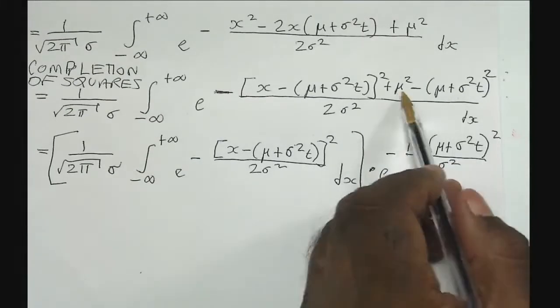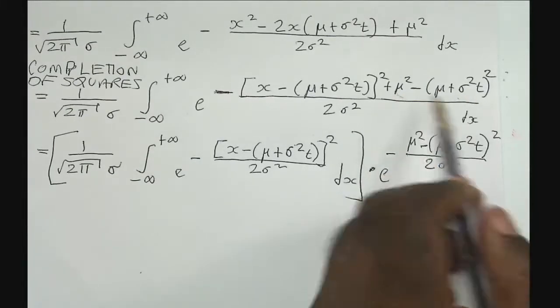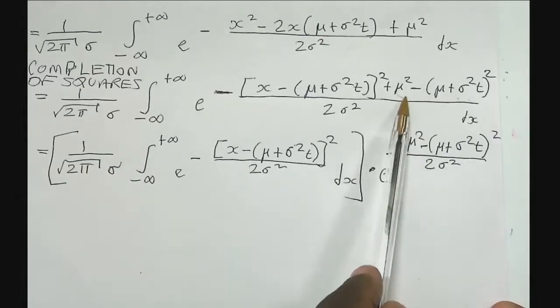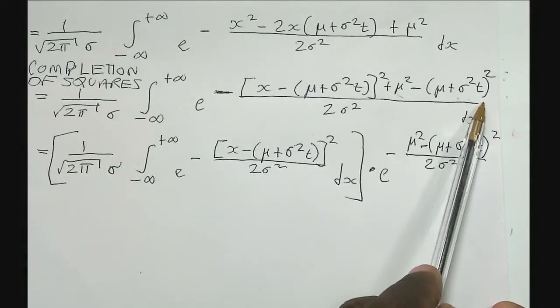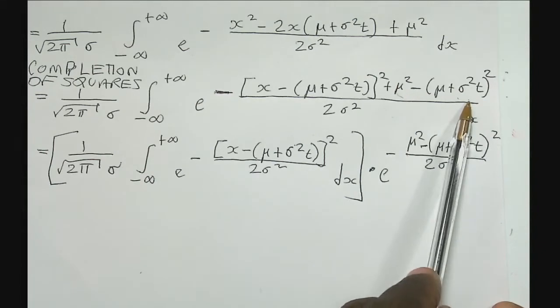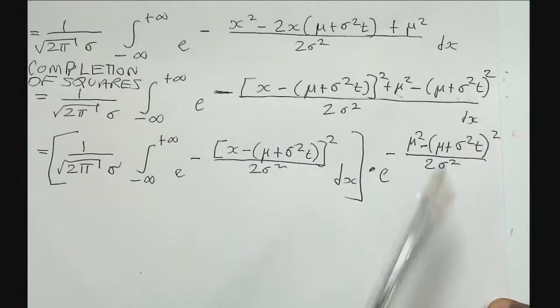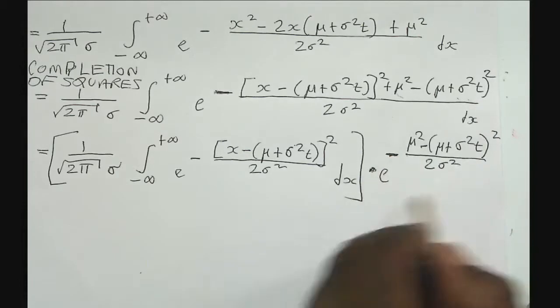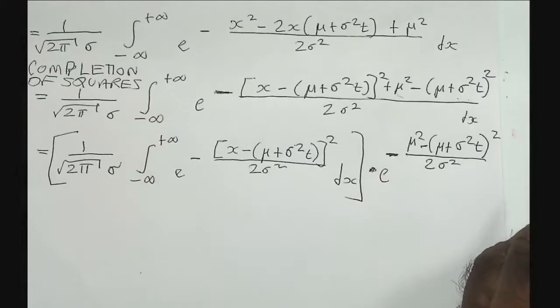The last two terms over here do not depend on x. There's no x in this term, there's no x in this term. Therefore, these two terms can be regarded as constant, and therefore you can pull them outside the integral sign. And that's what I have done over here.